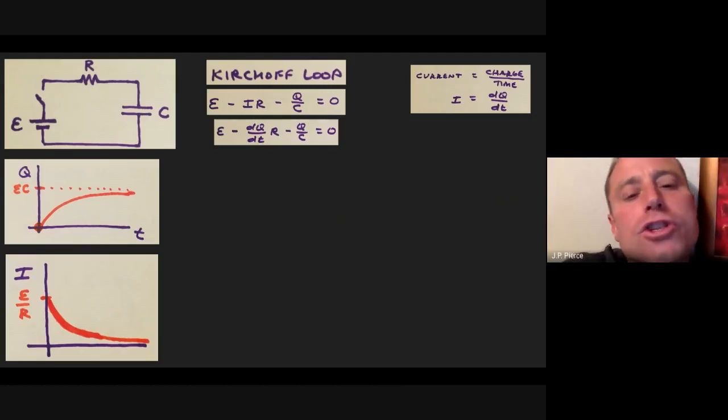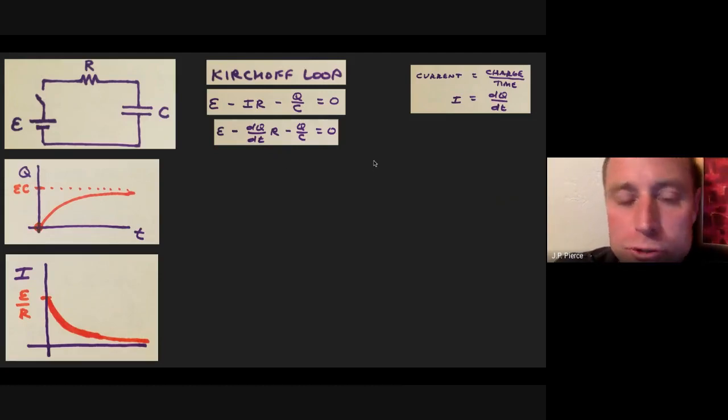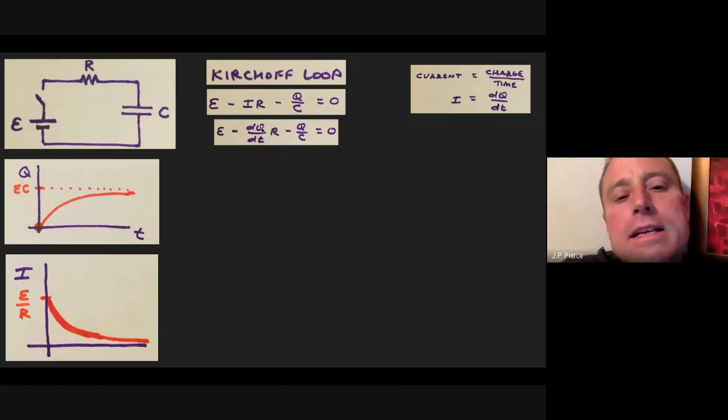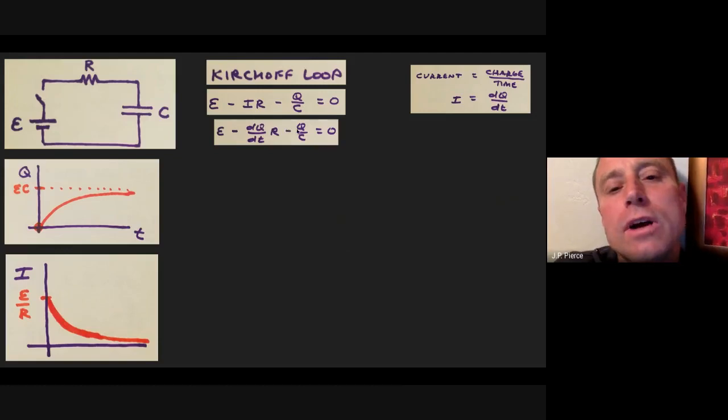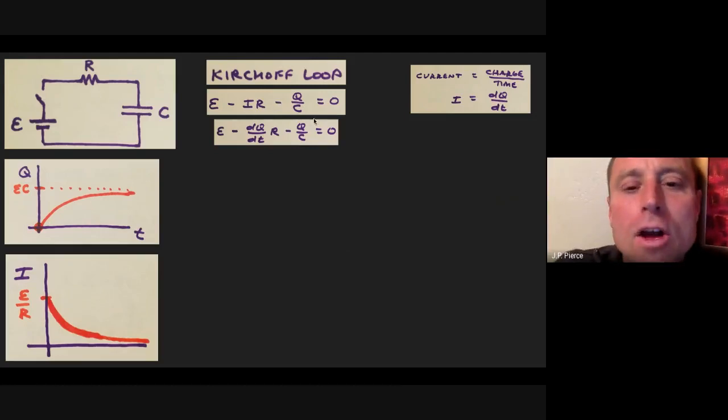So the strategy that's used to solve this thing is called separation of variables. You separate and integrate. So what we need to do is separate the Q's and the T's, Q as a variable and T as a variable. There's a few different ways to do this, but I'll just show you my own style. We're ultimately solving for Q as a function of time.